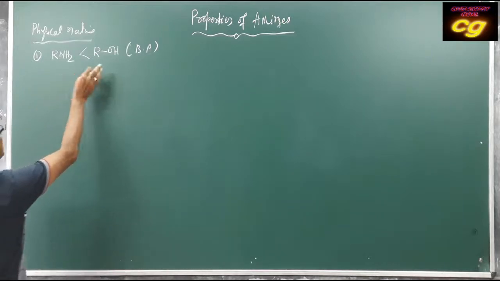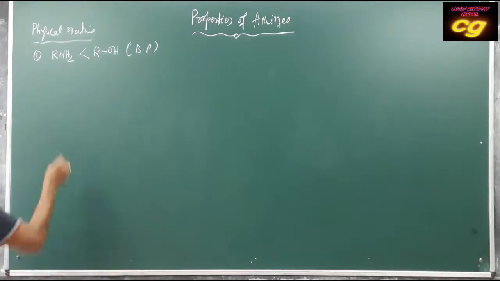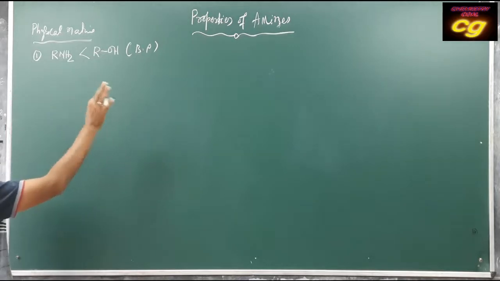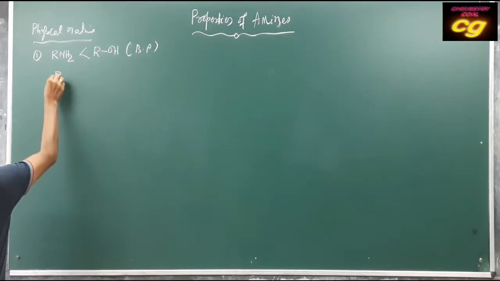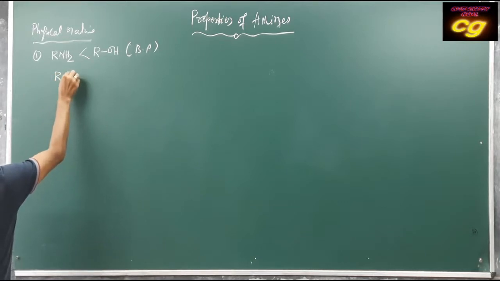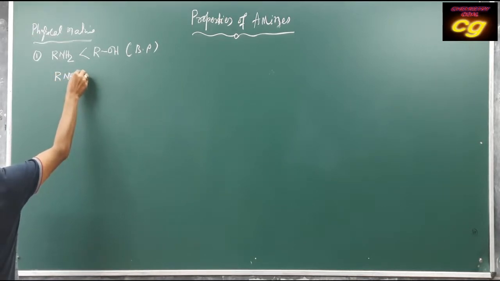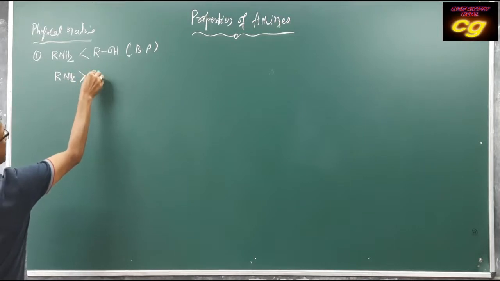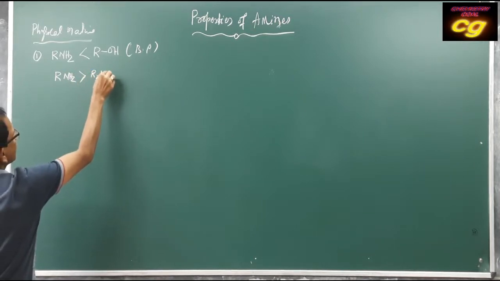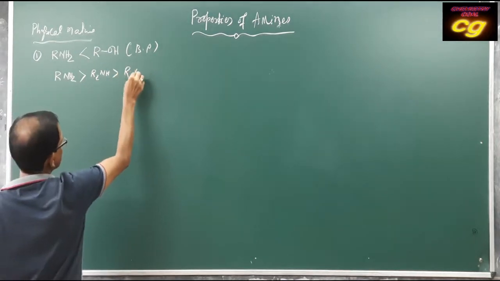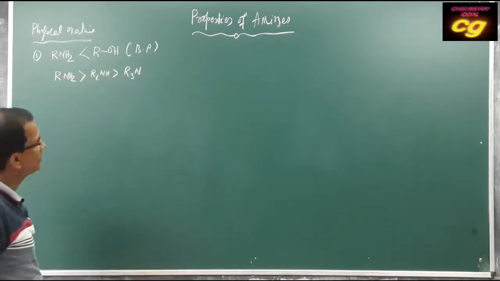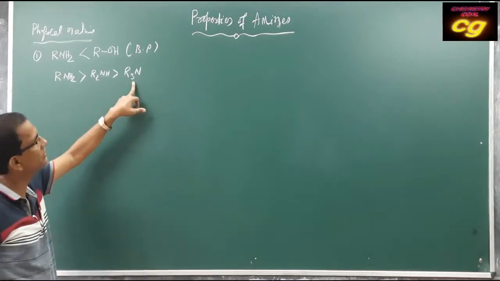Then if you compare among the amines having the same number of carbon atoms, the primary amine has a higher boiling point than the secondary amine, then the tertiary amine.